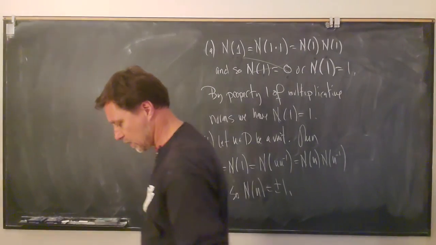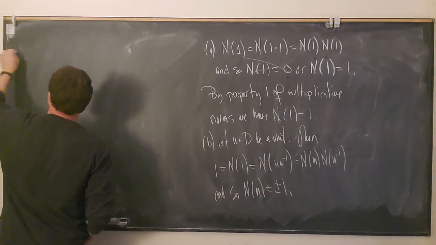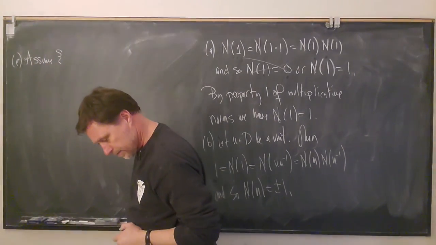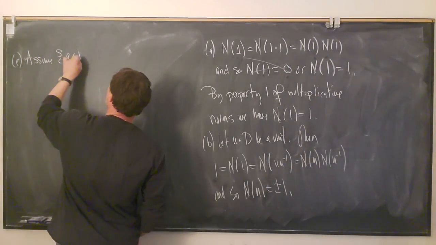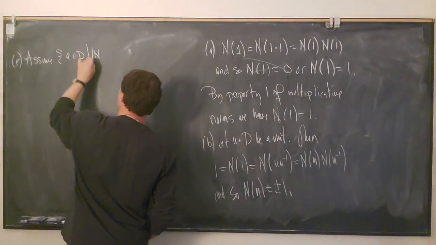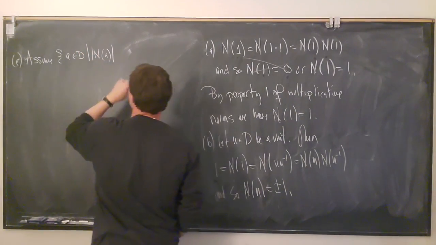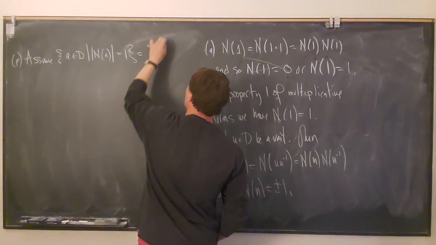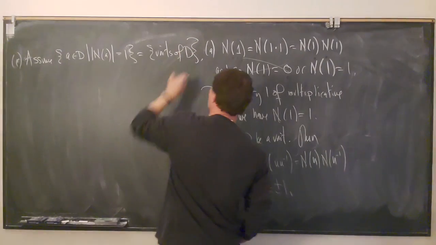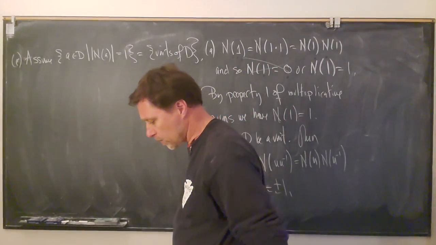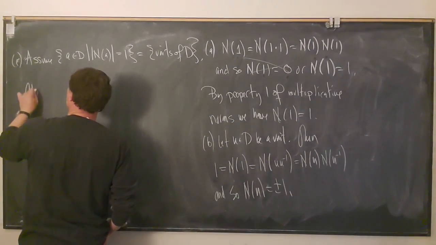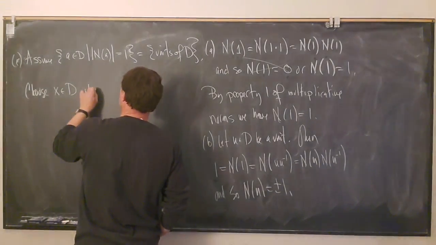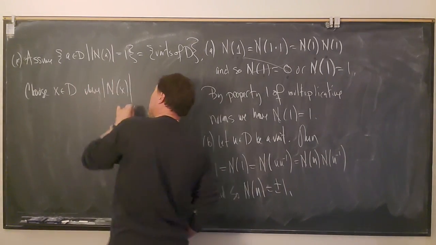So this is the proof of C. Assume that the set of all A in D such that the absolute value of the norm of A is equal to 1 is equal to the set of all units of D. Now, choose X in D where the norm of X in absolute value is a prime number.